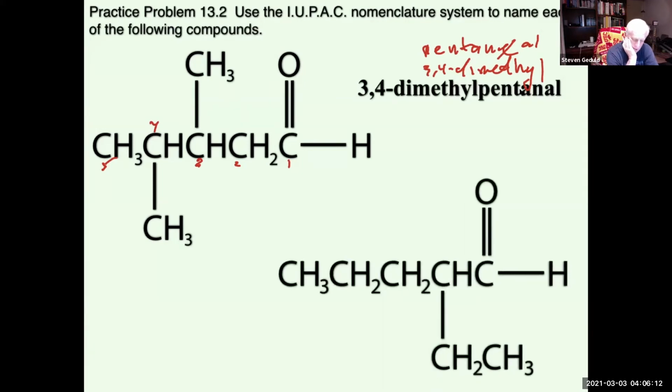Okay. And this one, longest carbon chain is going to be 1, 2, 3, 4, 5, because if he went the other way, we'd only have 1, 2, 3, 4 going downwards. So 5 is the longest chain. 5 is pentane, just like before, pentanal. And we have an attachment group at number 2. What's the attachment group?